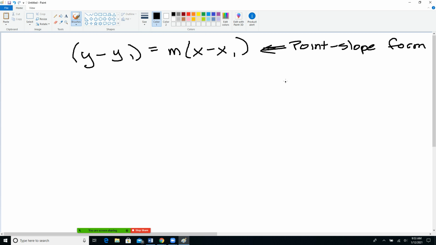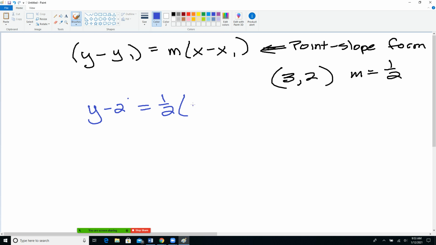And so this one, the way you do it is if they gave you a point 3, 2, and they gave you a slope 1/2, you would plug those in. So you'd have y minus 2 equals 1/2 times x minus 3. You could finish this off if you wanted to.